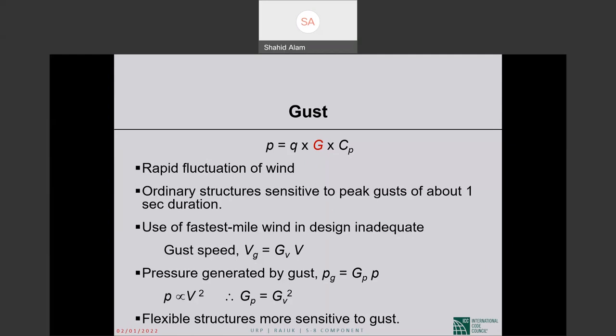That's what gust is, a rapid fluctuation. Ordinary structures are sensitive to peak gusts of about 1 second duration. This is something we have learned from a lot of experience.